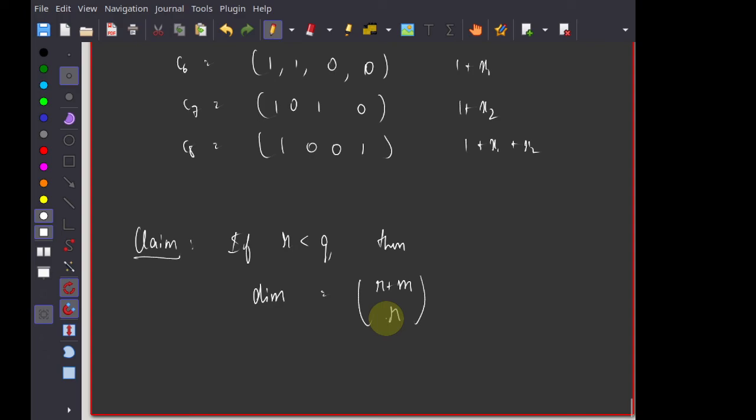This is the dimension of the Reed-Muller code.